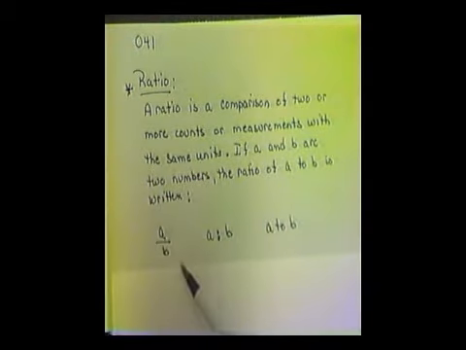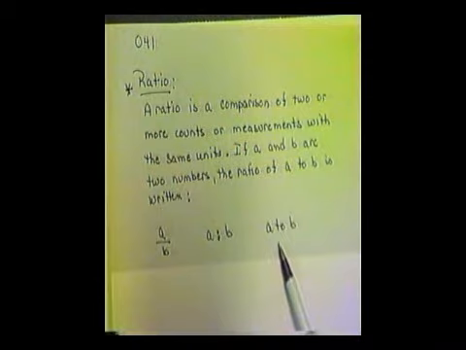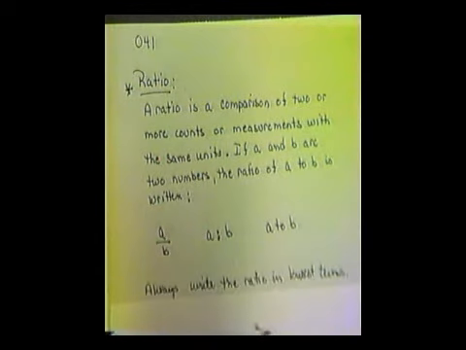It can be written as a fraction, which is A over B, or with a colon, A colon B, or in words, A to B. In any of these cases, it is read the ratio of A to B. And we always want to write the ratio in lowest terms. Just since we started with fractions, we always reduce to lowest terms.